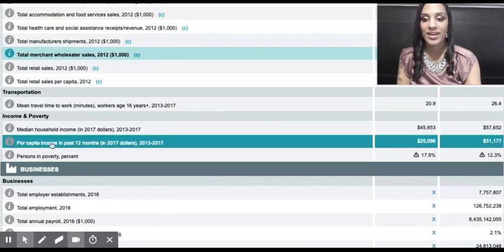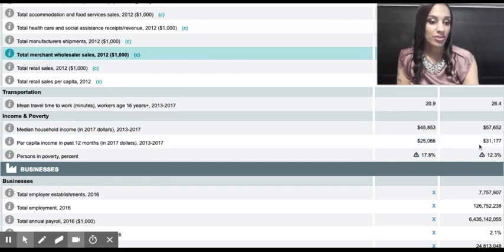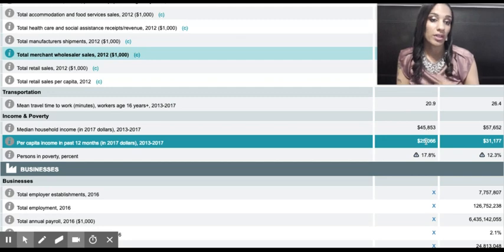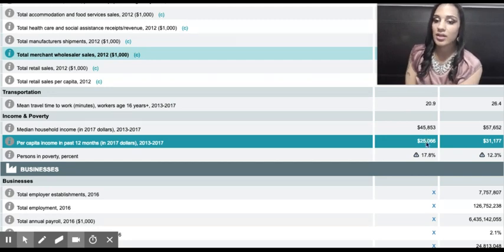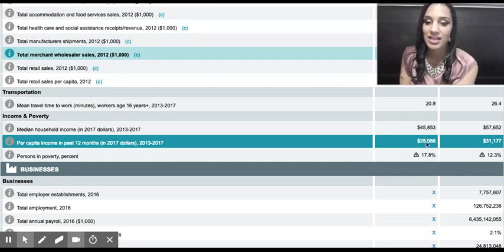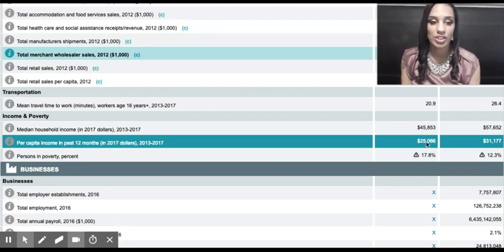So the per capita income in the past 12 months, and that was in 2017, is 25, okay, as opposed to the nation average of 31. So we're below. And basically, the per capita income kind of tells you the median average that a person spends in relationship to what they make.